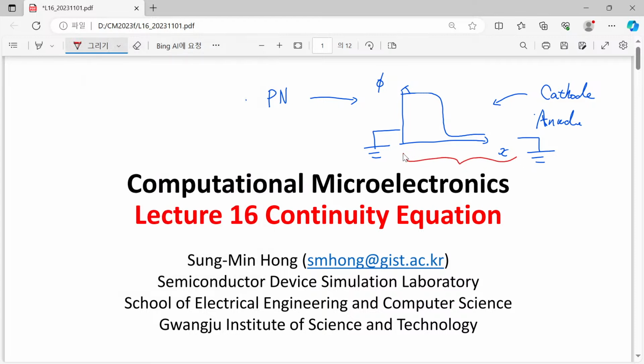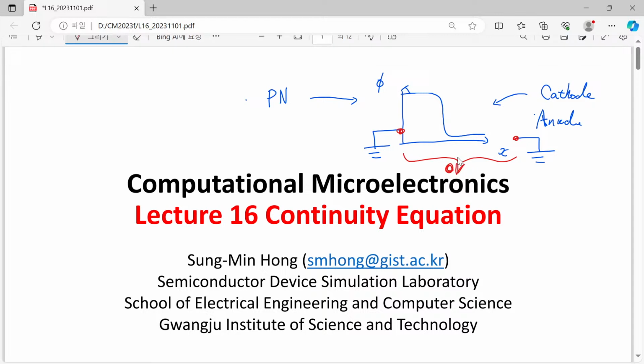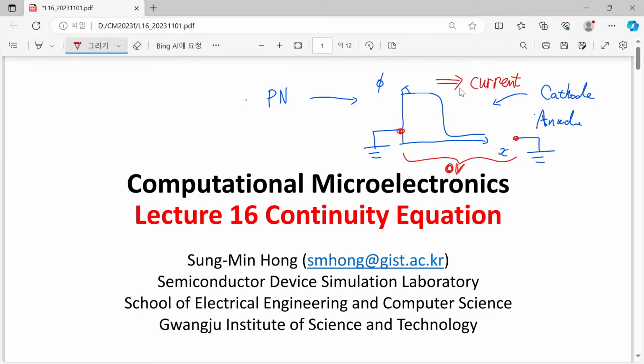What is the voltage difference between this point and that point? The answer is simply 0 volt. Since there is no difference in the applied voltage, we expect there is no current in this device. So no current at all.